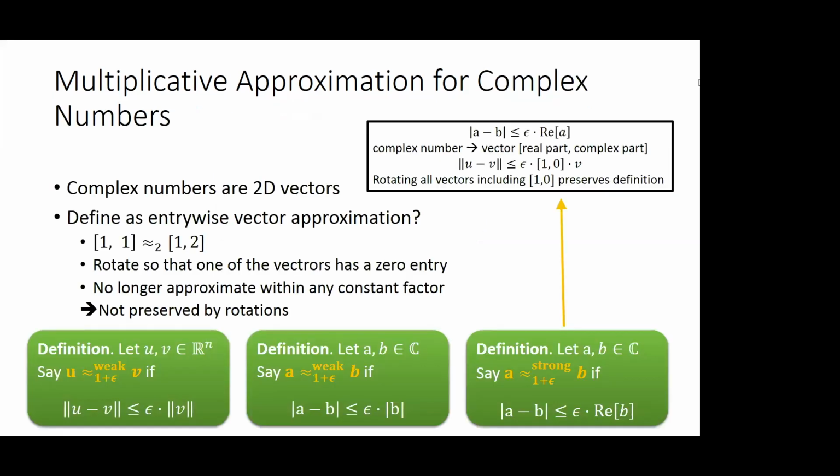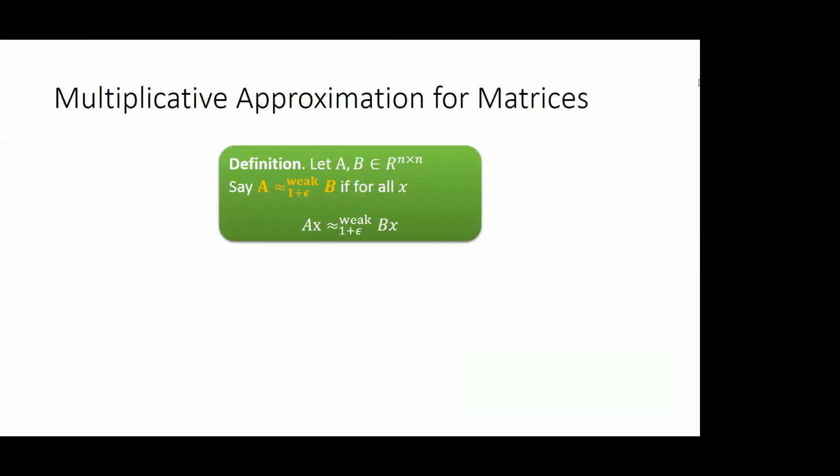If you remember on the previous slide, in the bottom left corner we had a definition of weak approximation for vectors, just saying that their difference, u minus v, is less than or equal to epsilon times the magnitude of v. Here we're saying that in that sense, these vectors Ax and Bx need to 1 plus epsilon multiplicatively approximate each other for all x. And that's weak approximation for matrices.